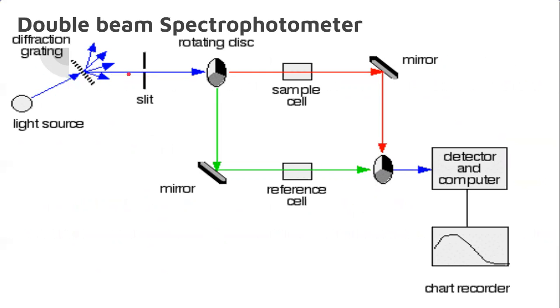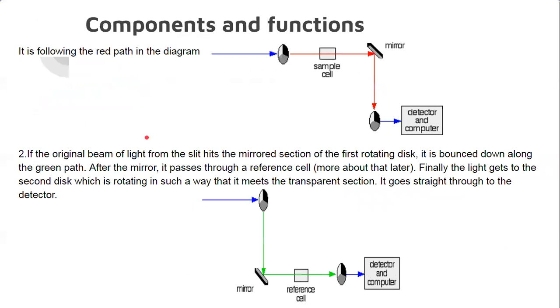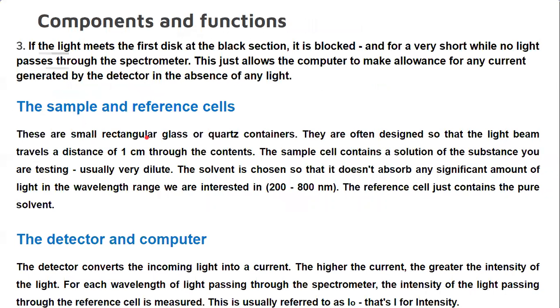First, 400 to 405 nanometer light will be sent through this slit, after that 406 to 410, 411 to 415, like that. Every time we rotate this, the whole spectrum is sent into the remaining part of the spectrometer. The sample will absorb only specific wavelengths of the radiation, not all the wavelengths.